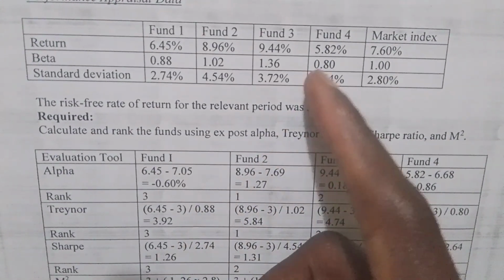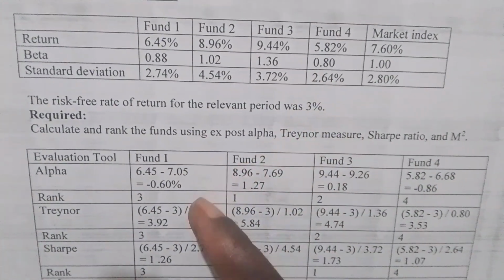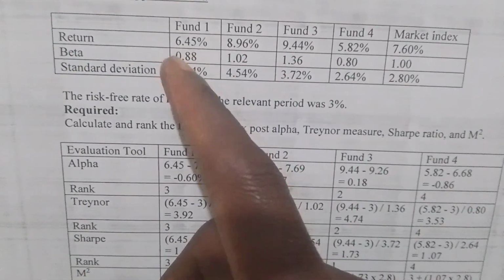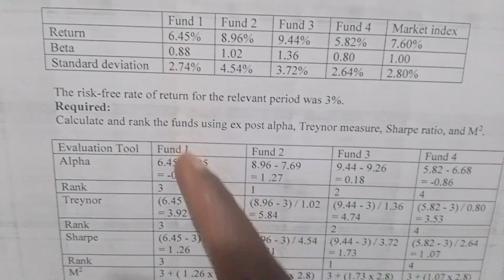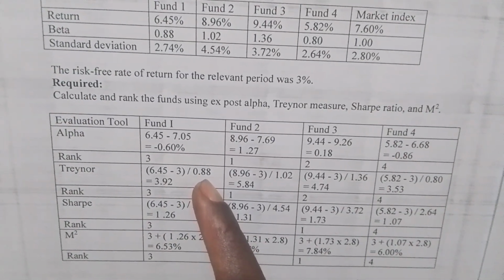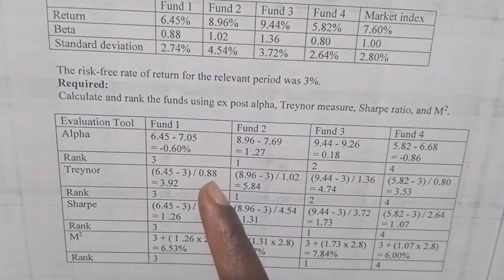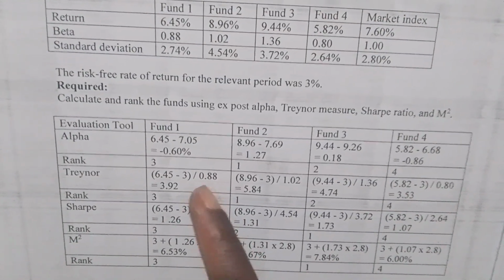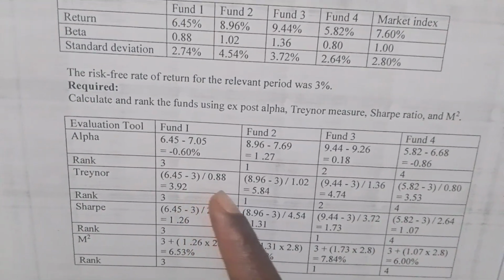The risk-free rate is 3%, then divided by the beta factor. The beta factor is 0.88. So Treynor's measure for fund 1, 6.45 minus 3 over 0.88, you get 3.96.